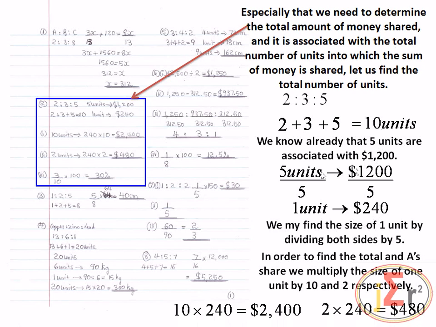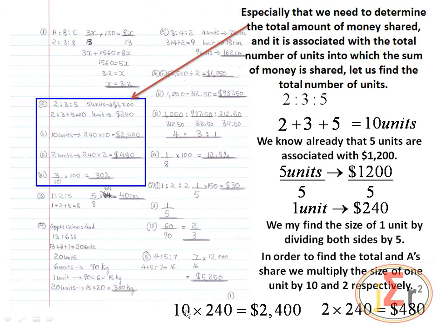And no doubt, A's share is this one, which is equivalent to 2 units. So we will multiply that. We need to multiply that by 2 in order to determine the amount of money that is equivalent to A's share. And that we have done right here.